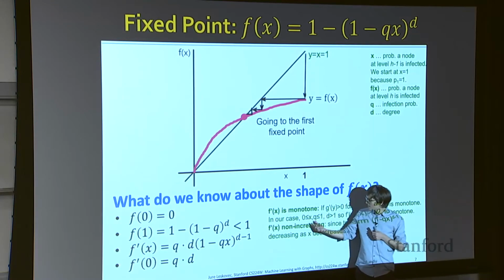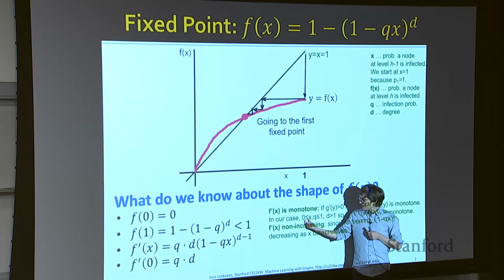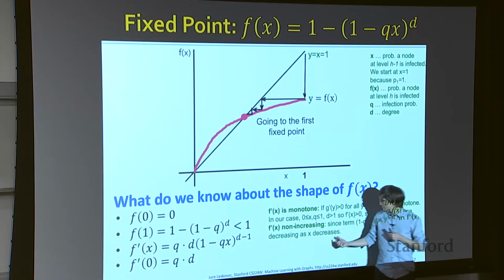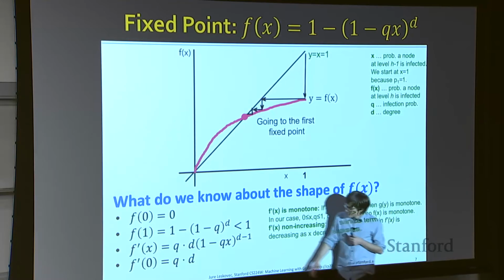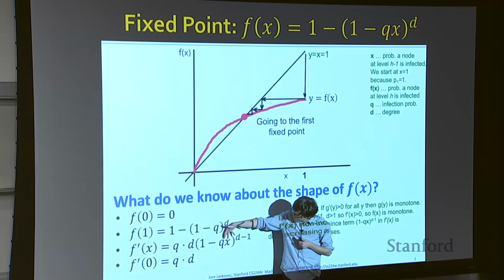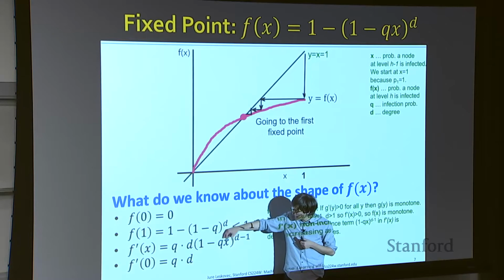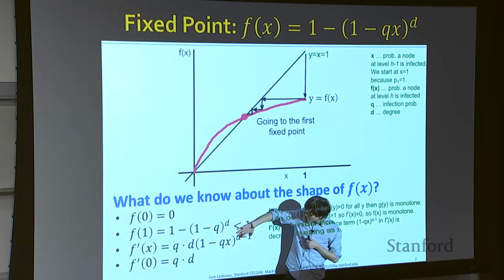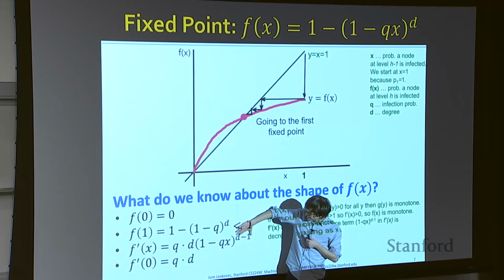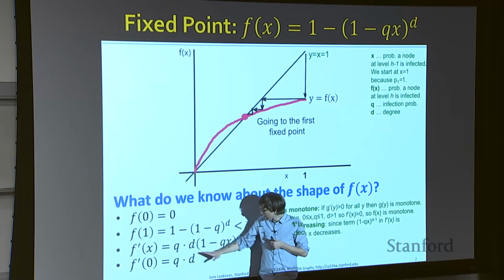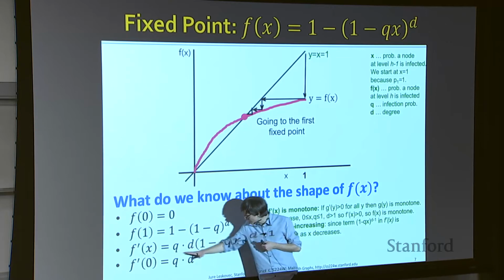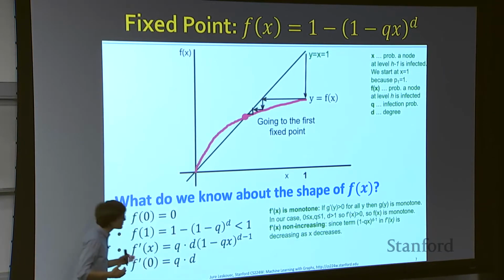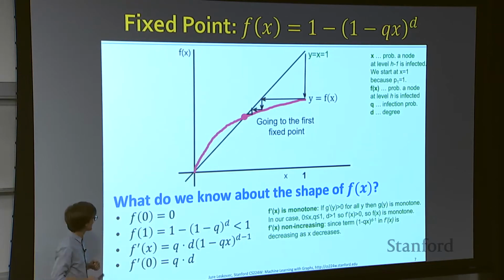In our case, x is greater or equal to 0. x and q are between 0 and 1 because they're probabilities. d is greater than 1. So this product will be less than 1, raised to the power d will be non-negative, so this thing will always be positive. So the derivative will be positive all the time, which means our function is monotone, right?